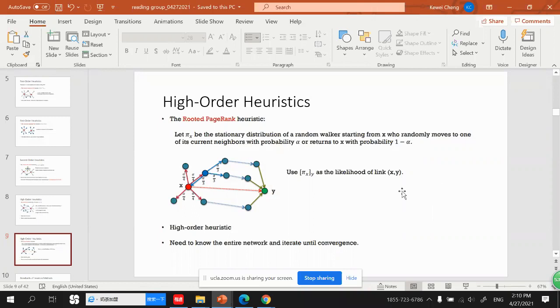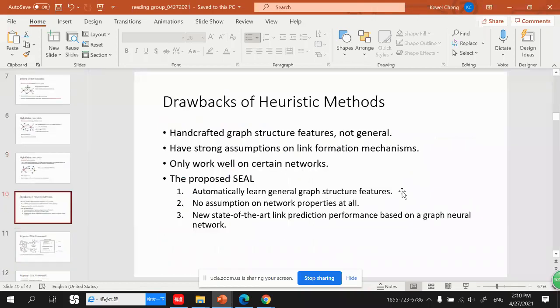the stationary distribution. After introducing these commonly used heuristic methods, we would like to point out that they have some drawbacks.